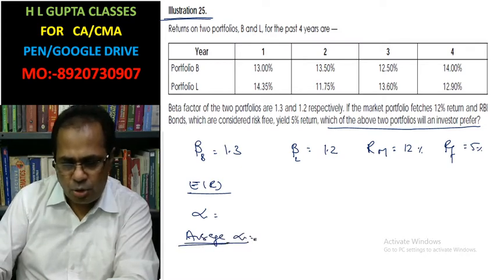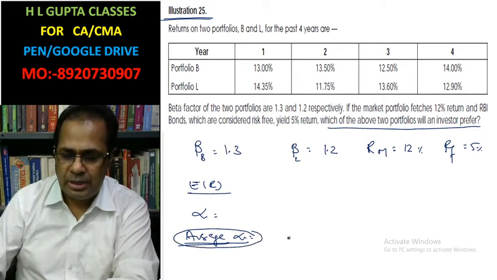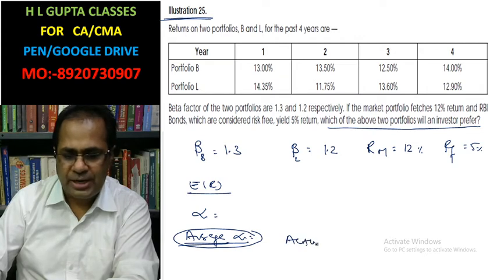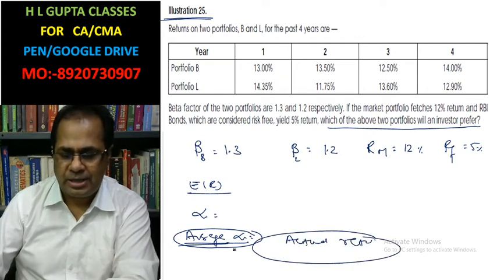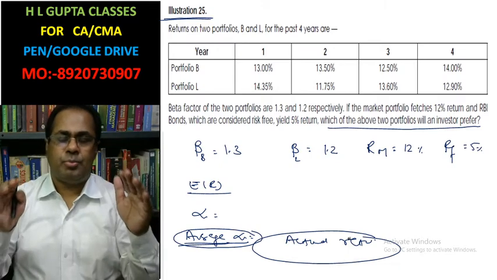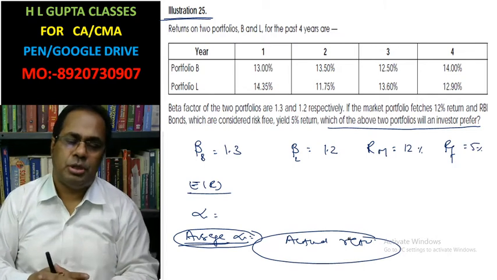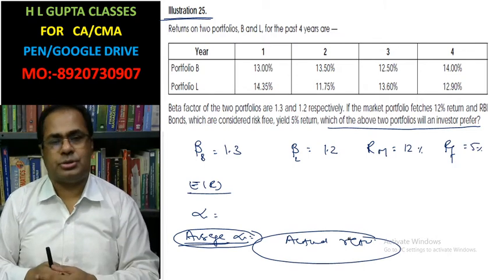On the basis of the average alpha, you calculate what the actual return should be. The portfolio having the higher actual return should be selected, and I am going to solve the question.